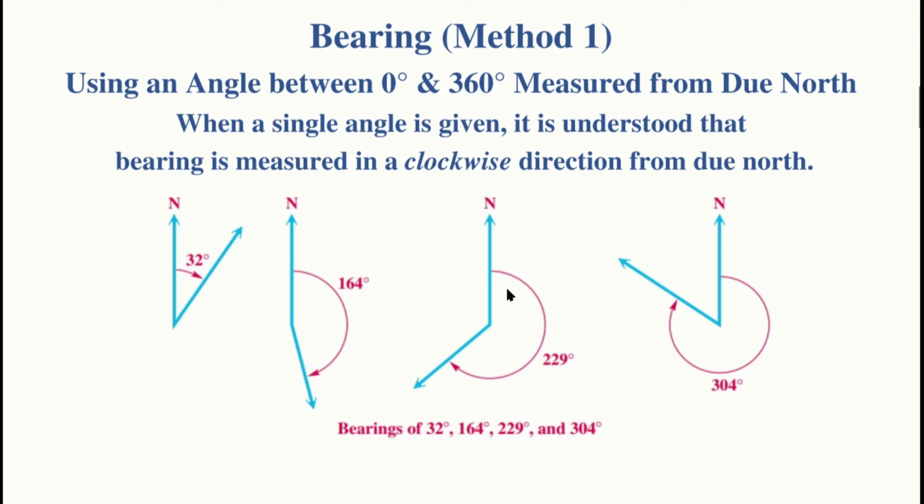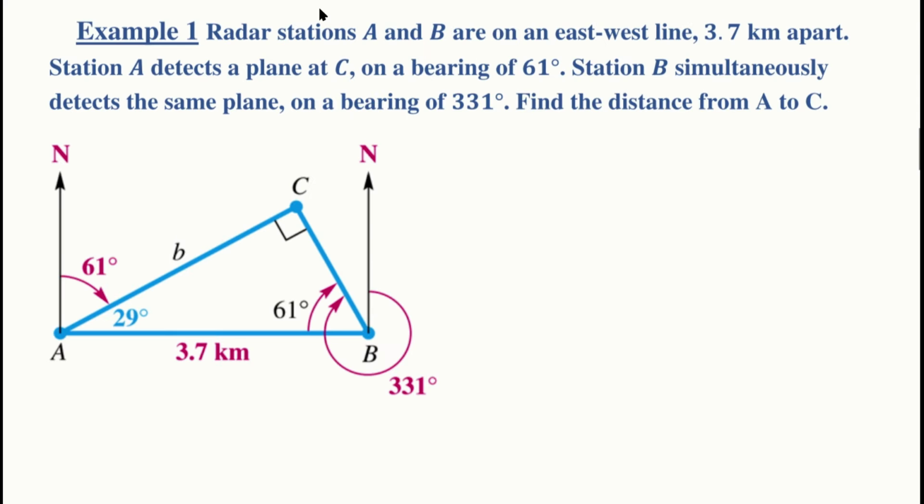But this one, you may be dealing with really large angles like these two, but you're only dealing with a single number. So here we'll look at an example that utilizes the first method of defining bearing.